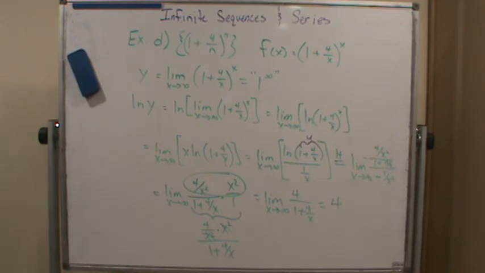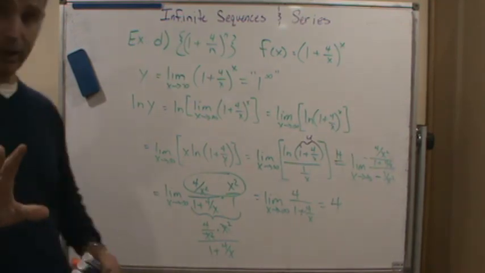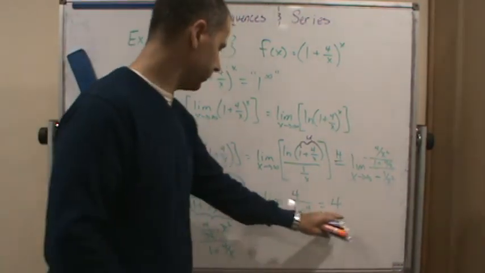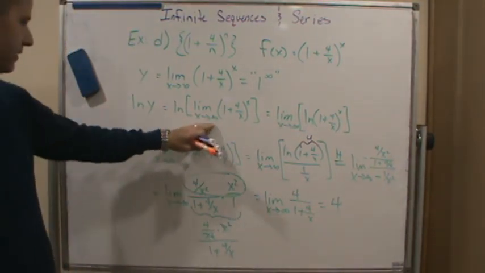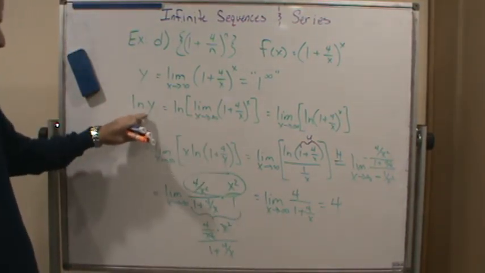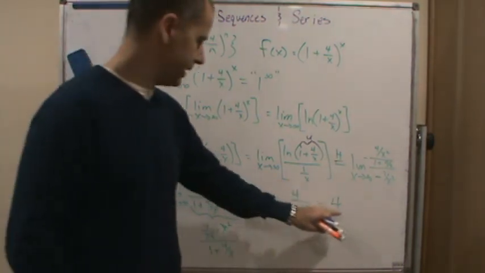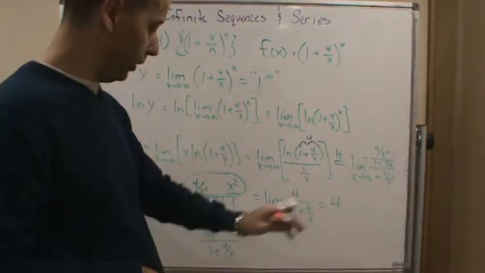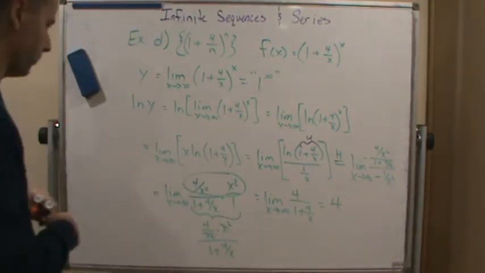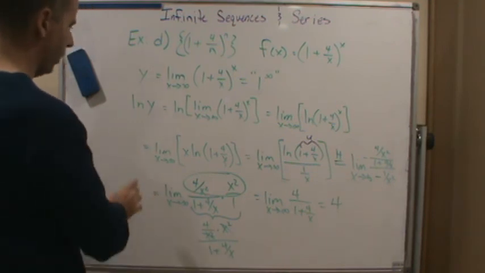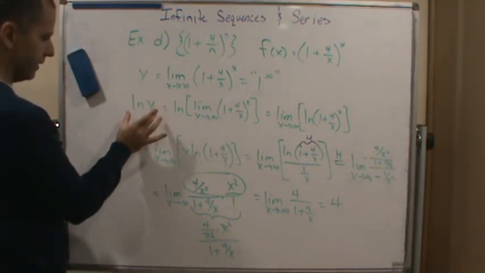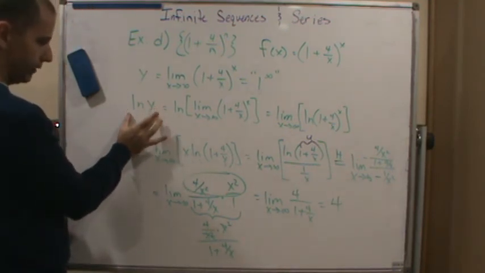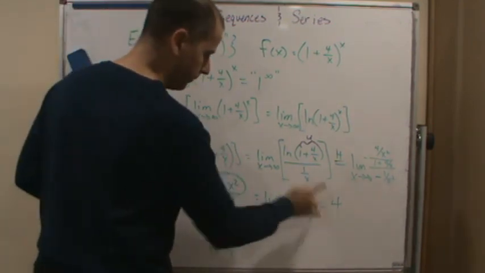And so the limit, now be careful. The limit of what is equal to 4? The limit of this is equal to 4, so the natural log of y is equal to 4. So be careful, that's not your final answer. All I showed was the natural log of y is equal to 4.